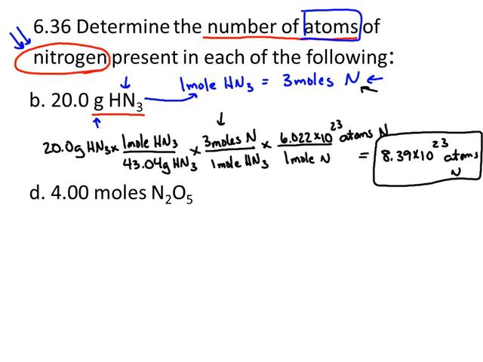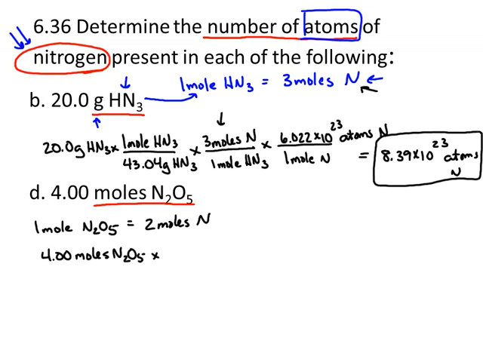All right, letter D started with moles of N2O5, and we want to go to atoms of N. So I noticed that in 1 mole of N2O5, I have 2 moles of N. So I'm going to start with my 4.00 moles of N2O5, and I'm going to change to nitrogen because the question asked me about nitrogen.